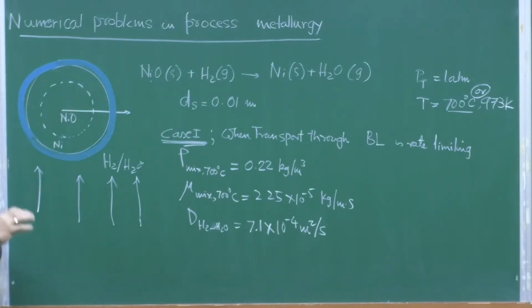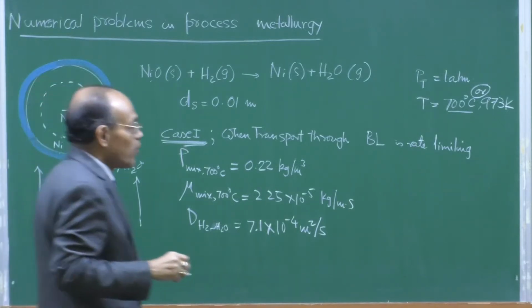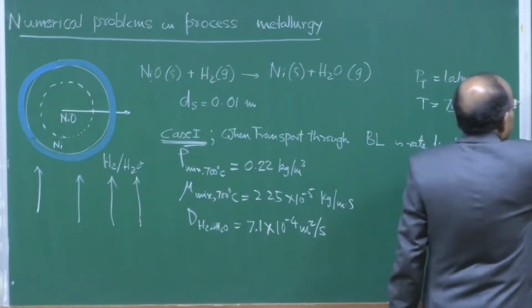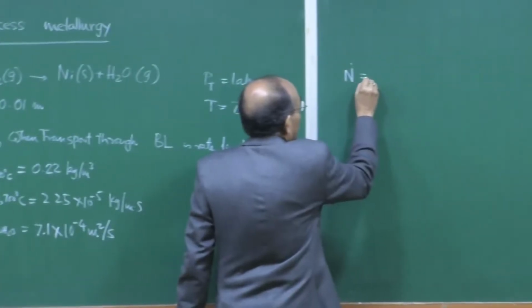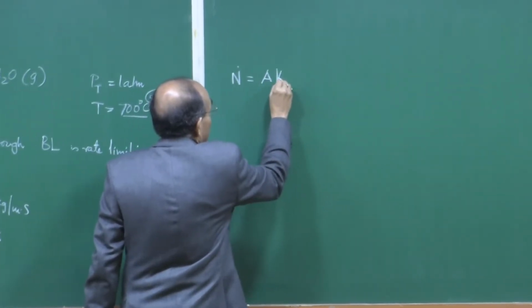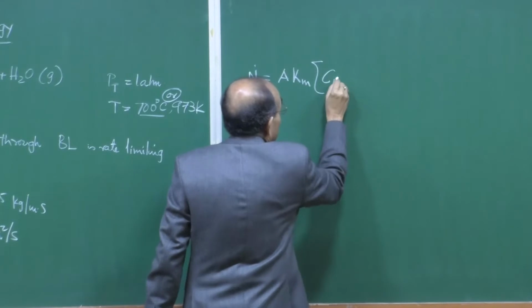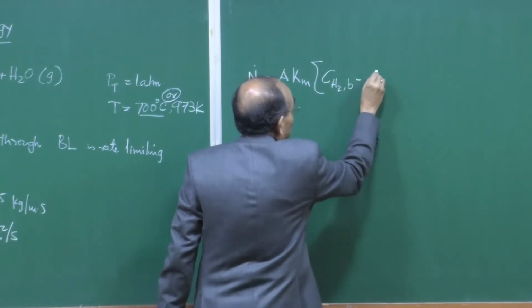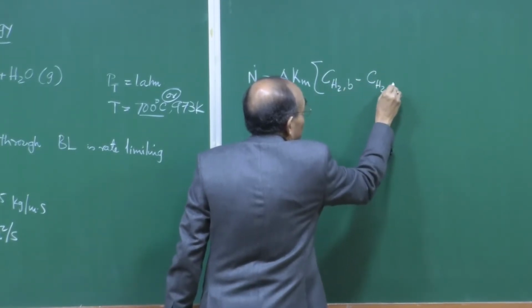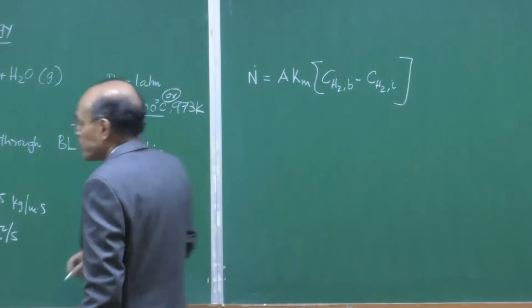Now we have to apply our theoretical knowledge to solve this problem. The boundary layer mass transfer theory tells us that the rate of transport is equal to area multiplied by mass transfer coefficient multiplied by the concentration difference, so C_H2 in bulk minus C_H2 at the interface.